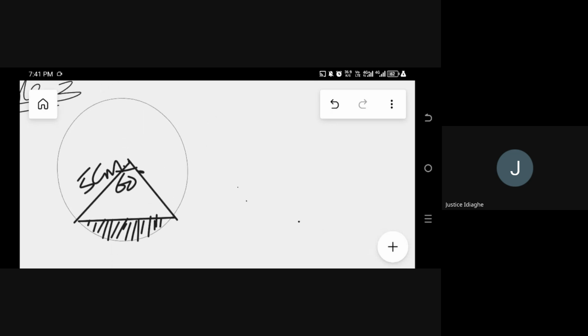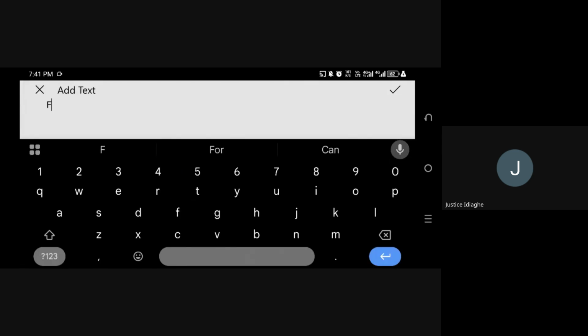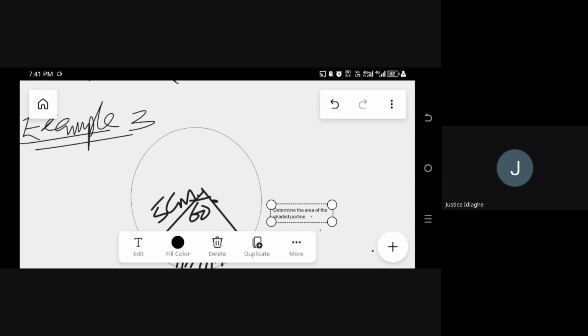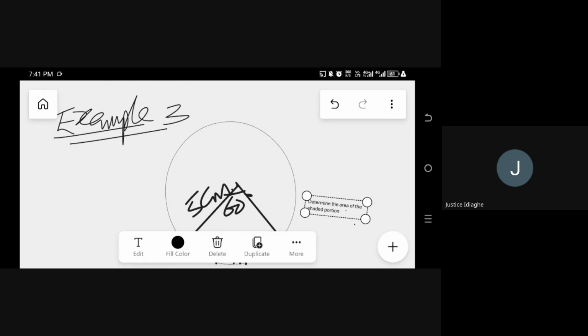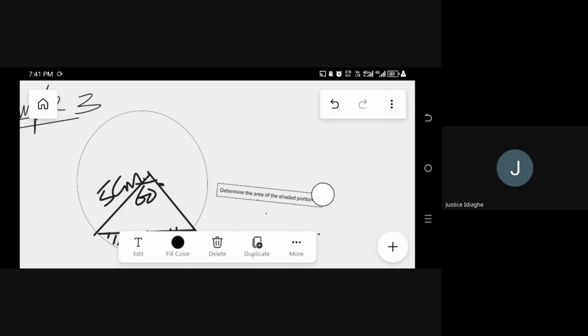Then the question is to determine the area of the shaded portion.